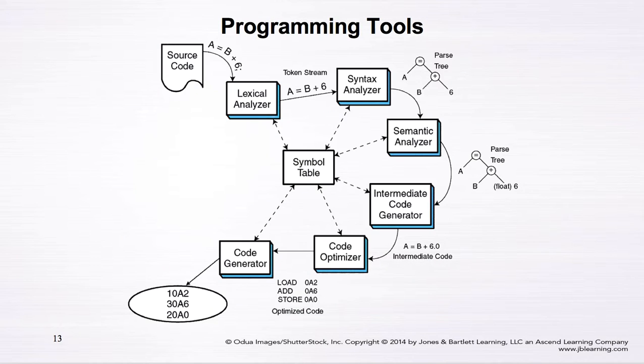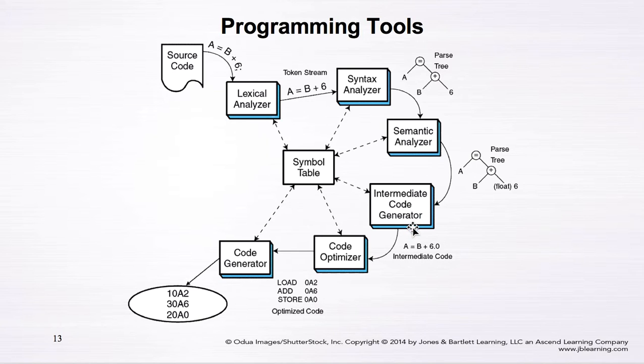So here's an example of the phases in the code. You can see that the source code goes through the first phase, the lexical analyzer, which creates the token stream, and goes into the syntax analyzer. This one creates the parse tree, and then goes into the semantic analysis, which checks the validity of the operations, and then we go into the intermediate code generator.